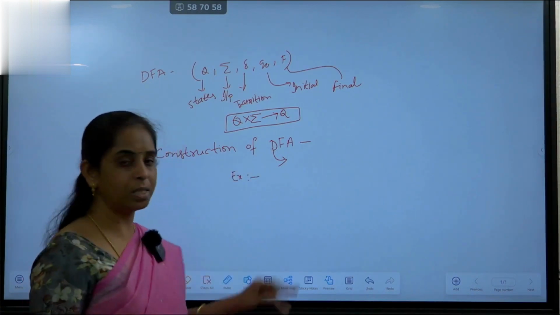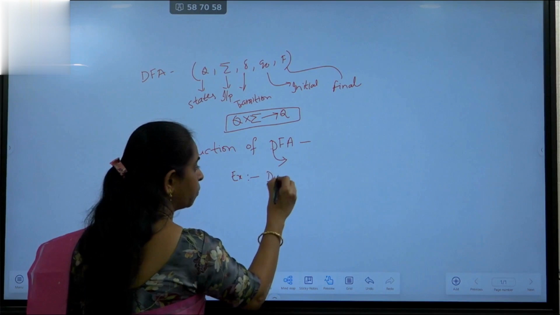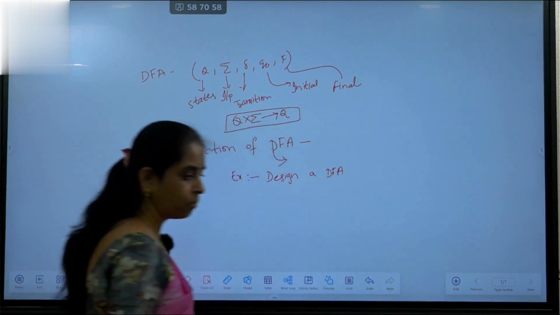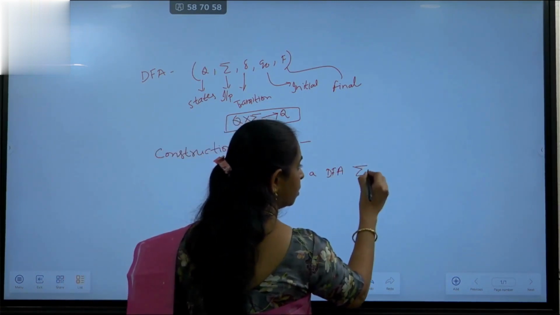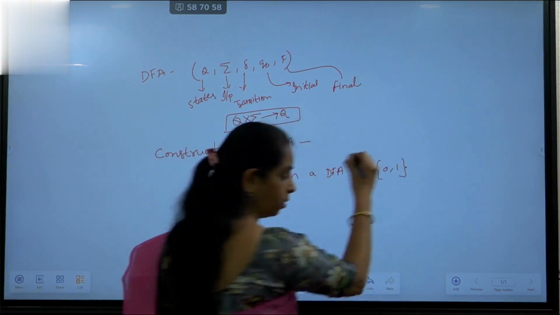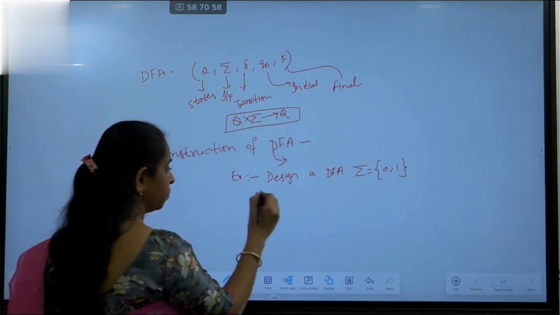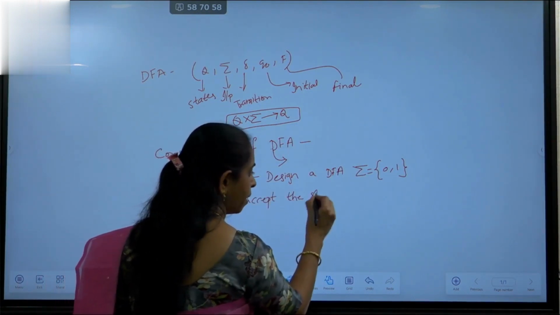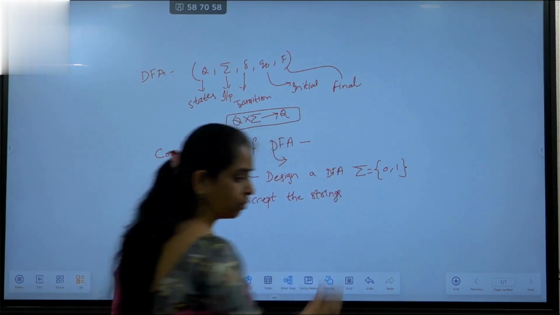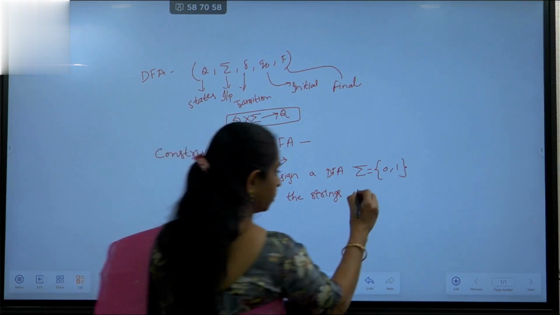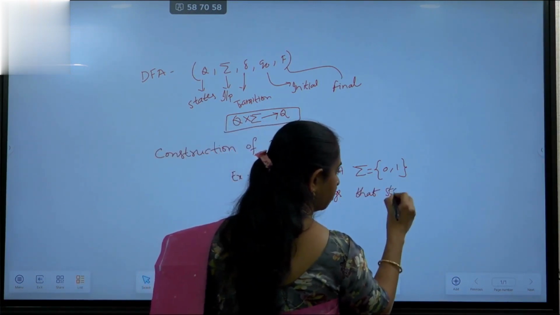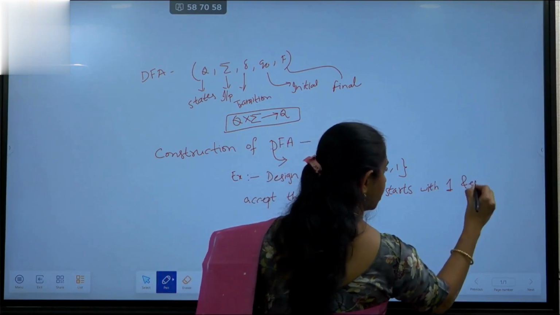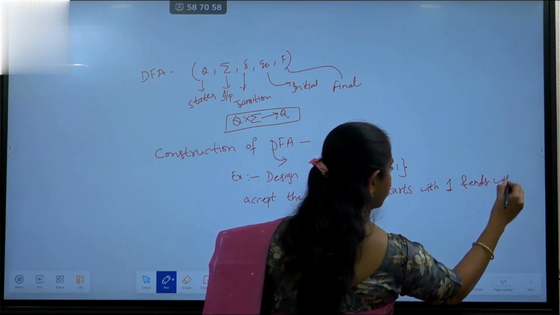The first one is to design a DFA where sigma equals 0, 1 and which accepts the strings that start with 1 and end with 0.